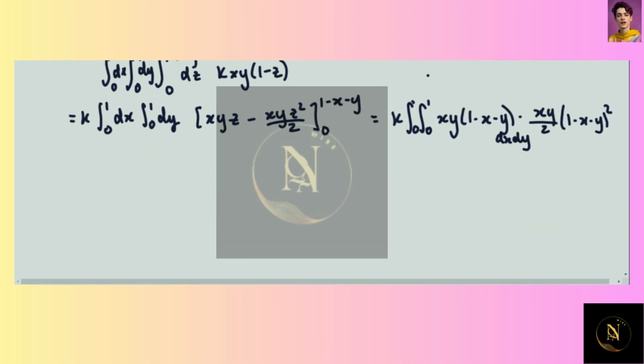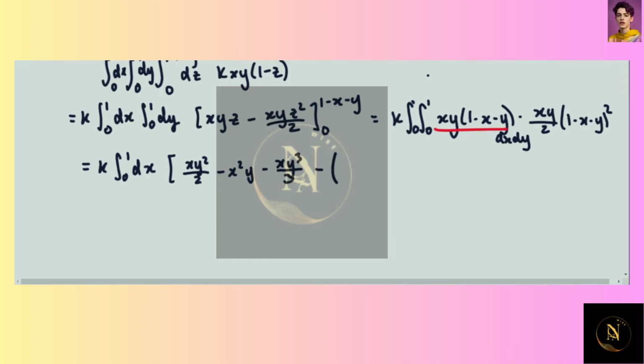So now it's just a bit of a straightforward integration. It's a bit of a pain because there's a few terms, but if we do the y integration now, we'll find that the first term gives us xy squared over 2 minus x squared y minus xy cubed over 3. That's from this bit. And then the next bit is even more of a pain.